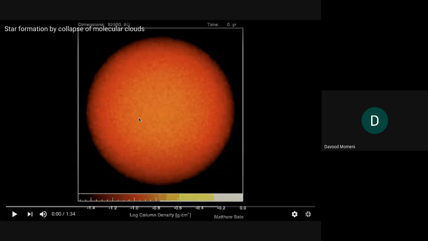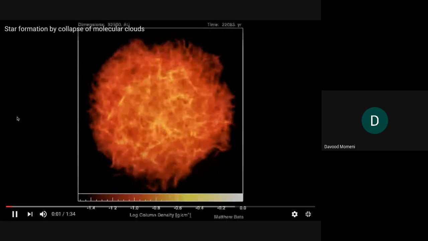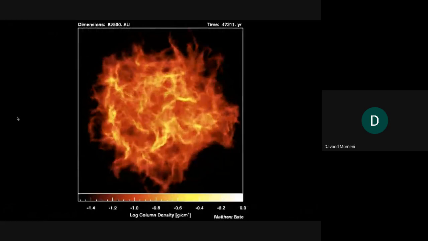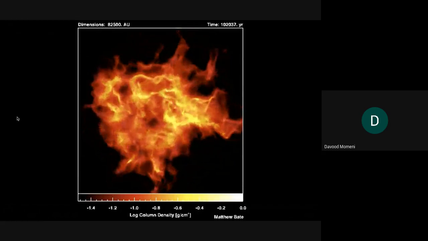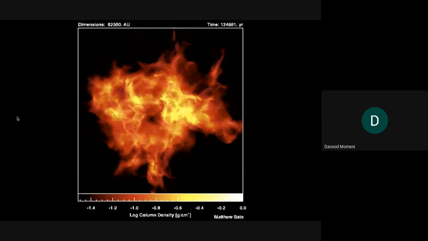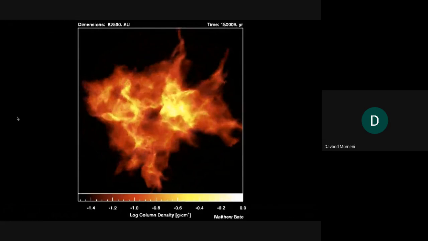Because you have different light elements, and they are starting to collapse. Let's just see what is going on. When the collapse has started, after some time, you will end up with different islands.